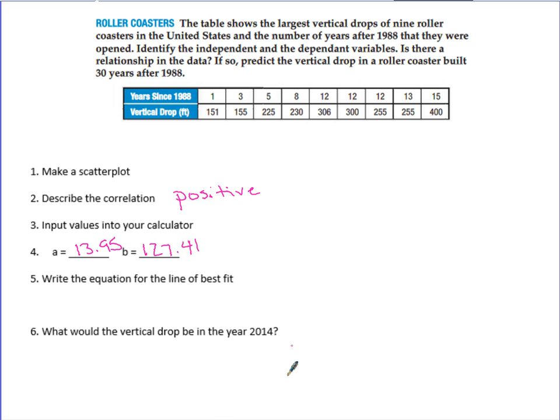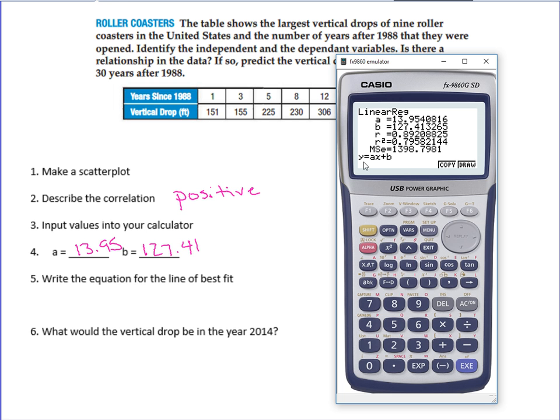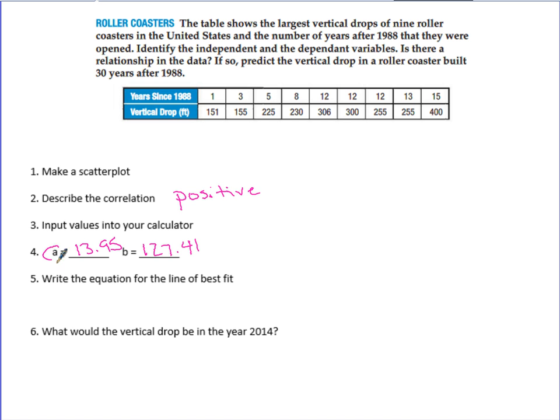If you look down here at the bottom, the equation is y equals ax plus b. So when we're doing line of best fit on the calculator, a is also m, or the slope. So if I write the equation, it's y equals a times x plus b. And this is an equation that can be used to predict the vertical drop of a roller coaster.